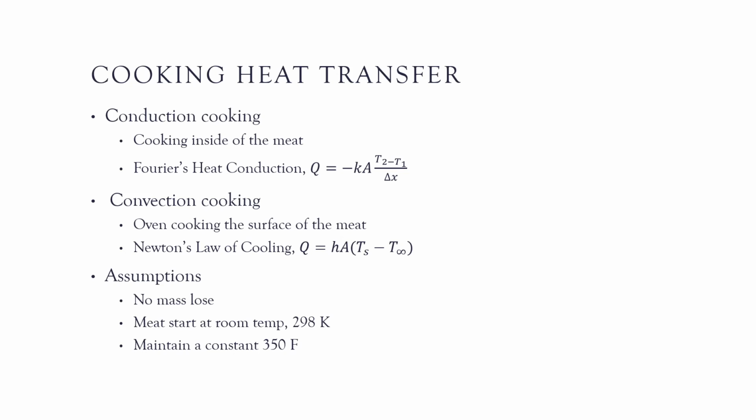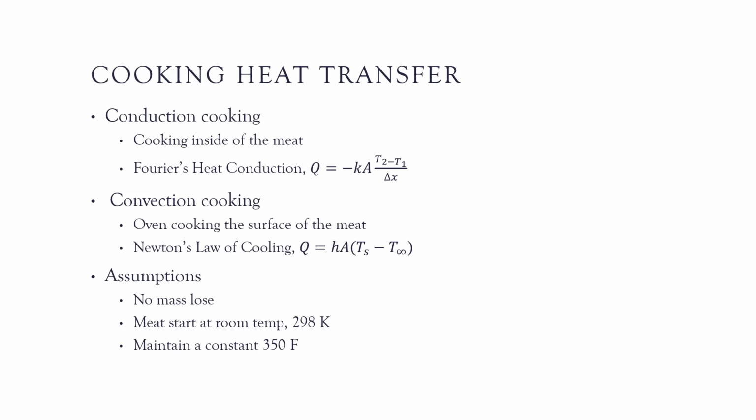First is conduction cooking. Conduction is done inside of the meat because it's connected together by solids. So the Fourier heat conduction equation demonstrates how heat exchange is being done inside of the meat.